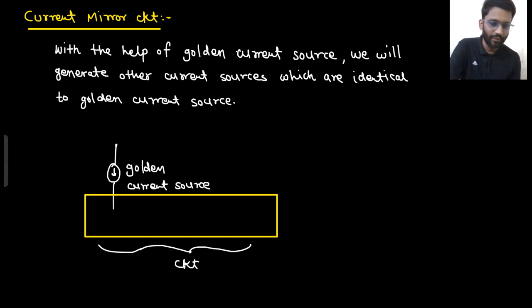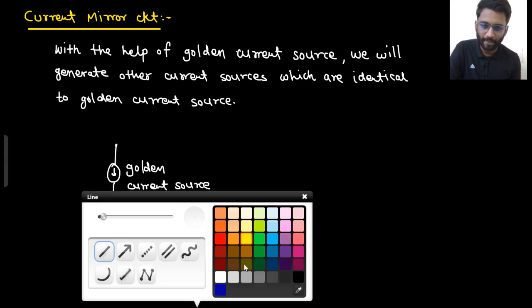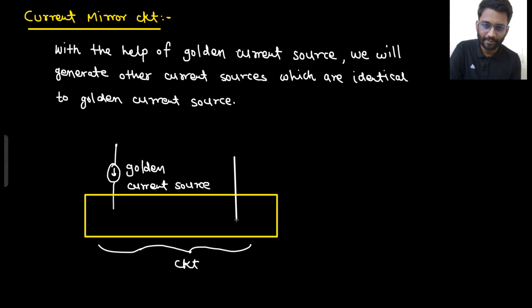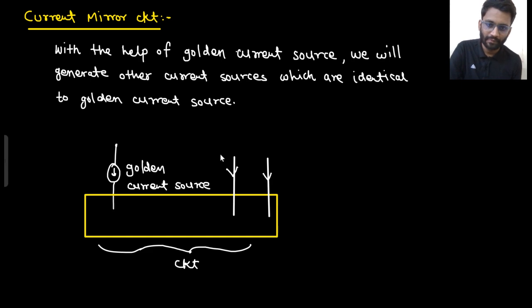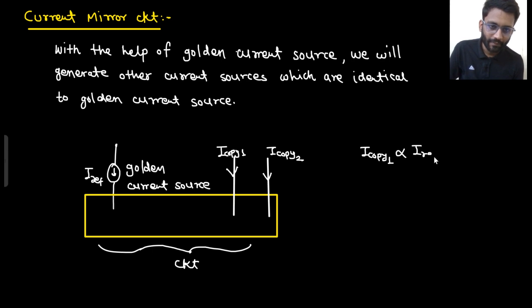By using this current source, you will make copy of other current sources. I copy 1, I copy 2, and this, let's call this as I ref. So this I copy 1 will be proportional to I ref.